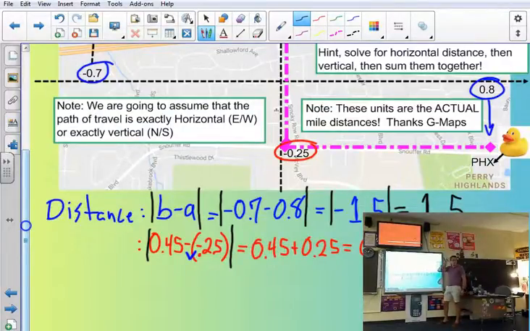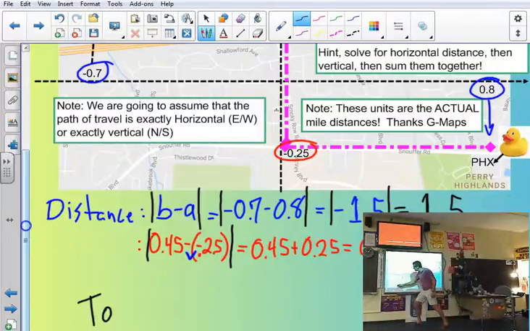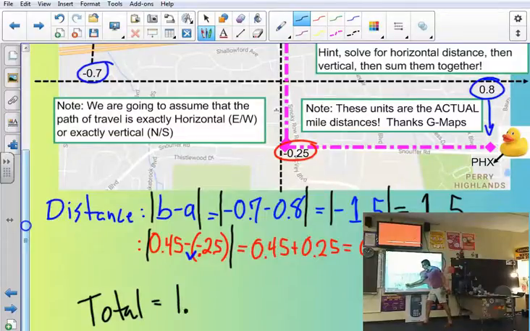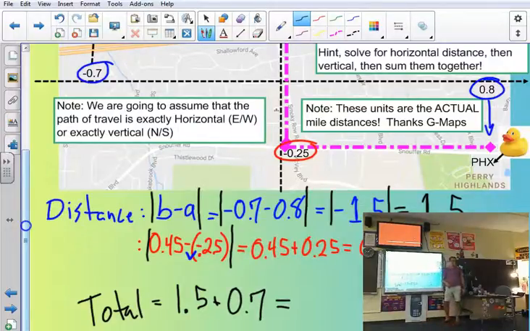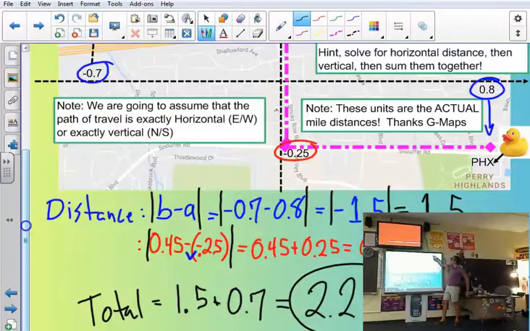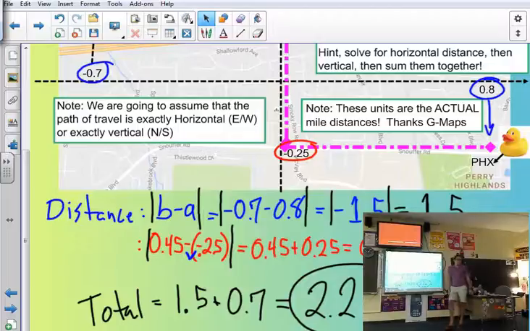So when I talk about my total distance traveled, I'm going to take a positive 1.5 and add it with my positive 7/10. And how far does Rubber Ducky have to travel to get to Phoenix? Andrew? 2 2/10 of a mile. And that is actually how far it is when I ride my bike. It's 2.2 miles.